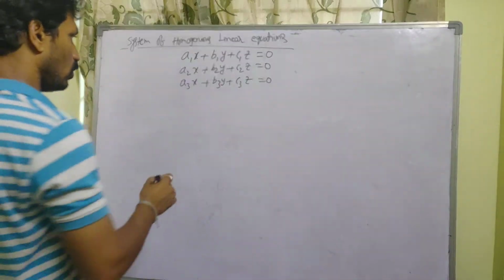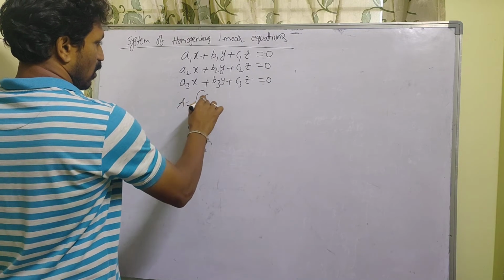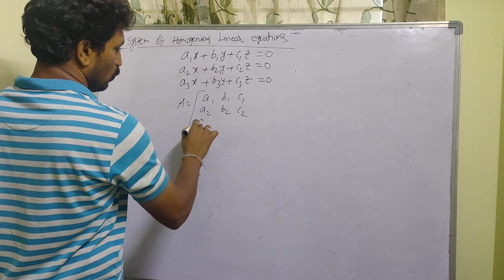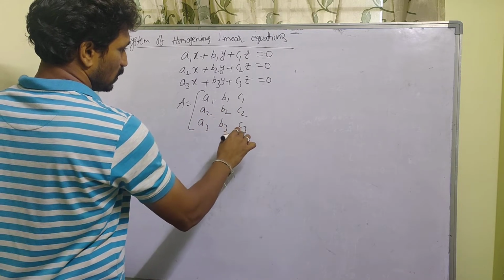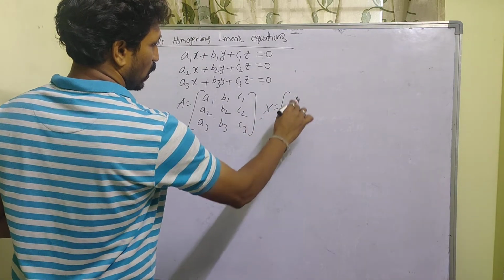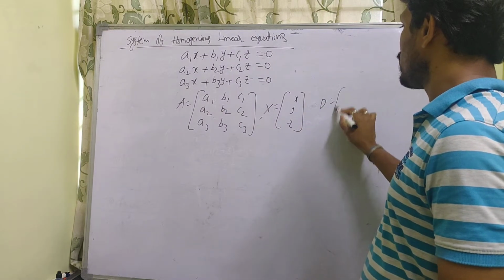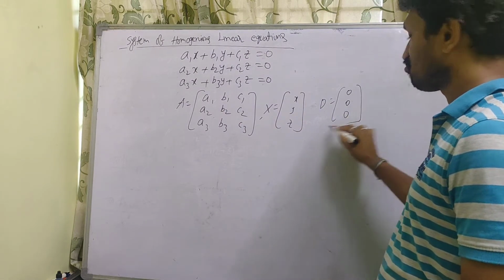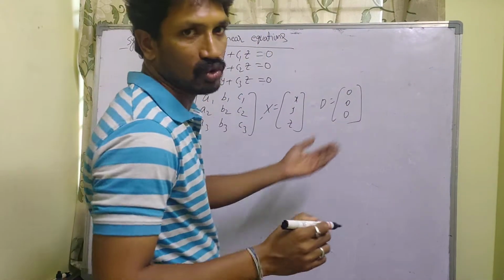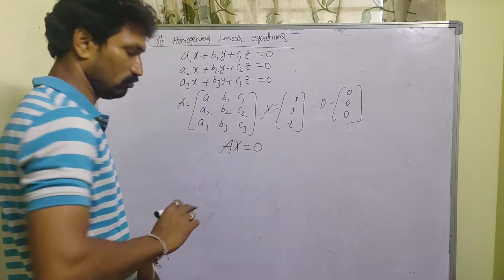Here also, the coefficient matrix is a1, b1, c1, a2, b2, c2, a3, b3, c3, and x is the variable matrix, that is x, y, z. The constant matrix d is nothing but 0, 0, 0, so d becomes a null matrix.